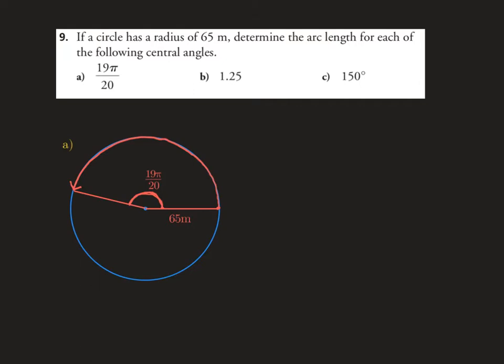Another way to look at it, guys, is if this angle were 180 degrees, then the circumference around the whole circle would be pi times the diameter of 130. And so the circumference around half a circle would be half of that, pi times the radius of 65 meters.